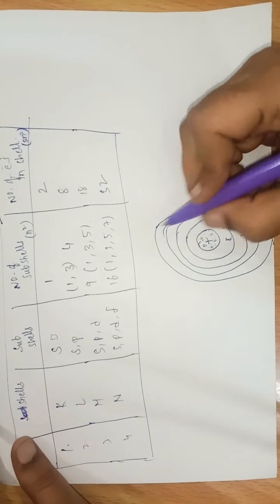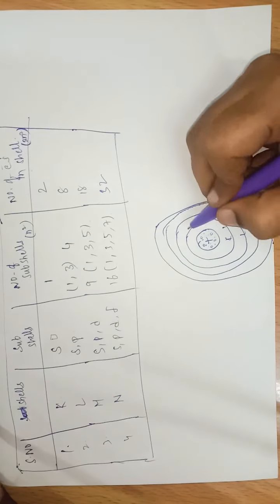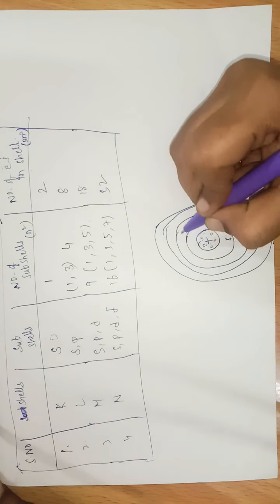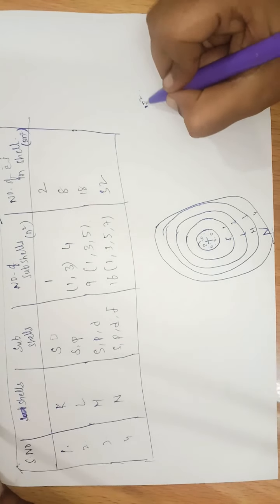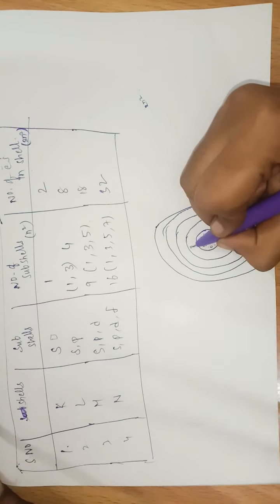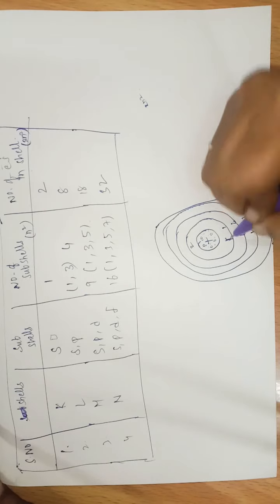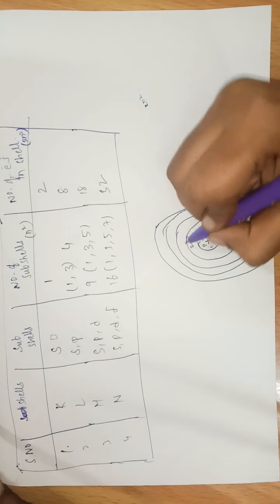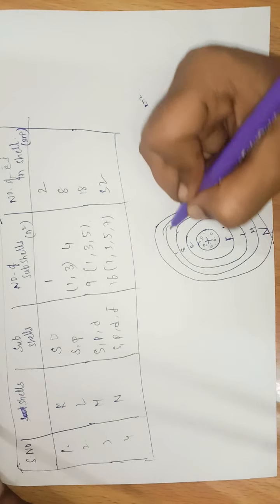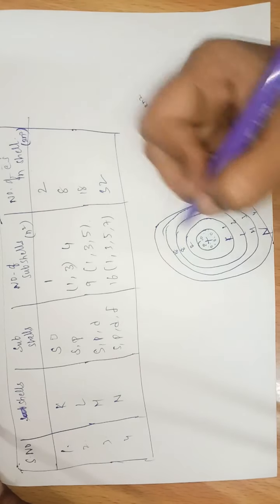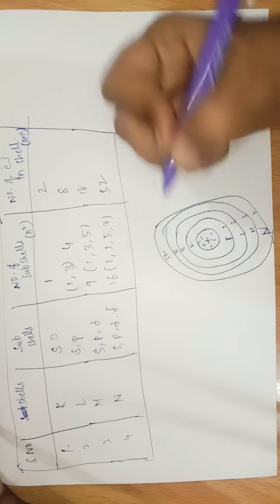These shells have the number of electrons given by 2n square: the K shell has 2, the L shell has 8, M has 18 and N has 32.